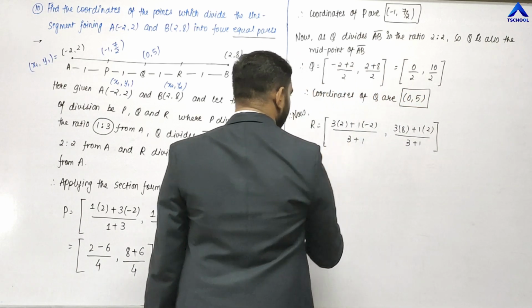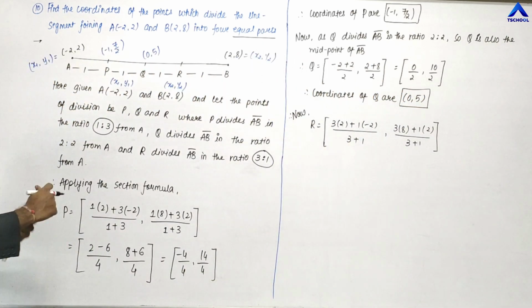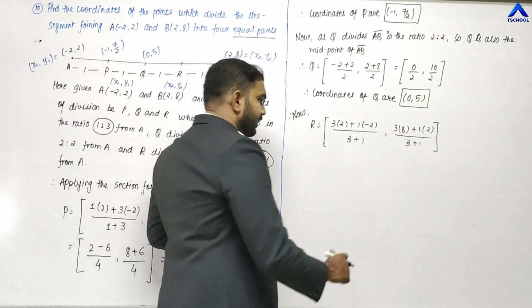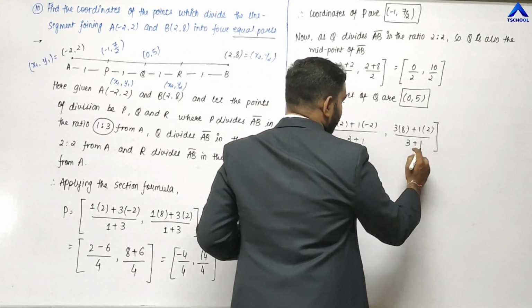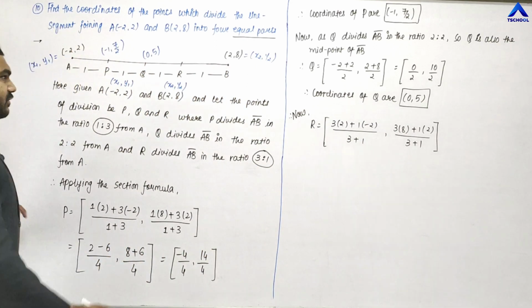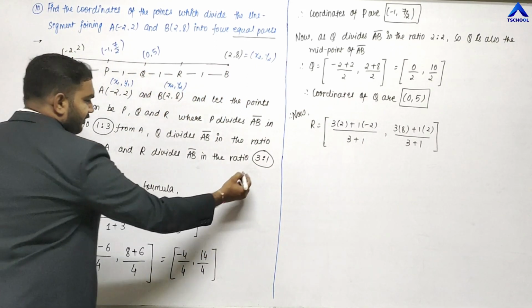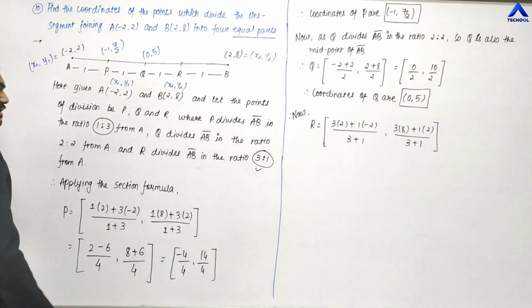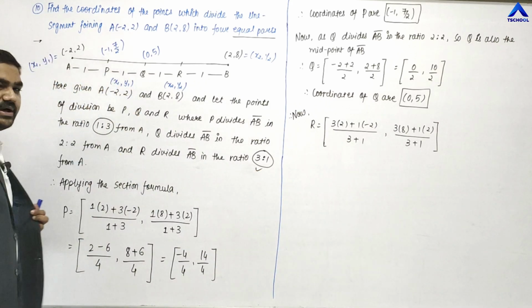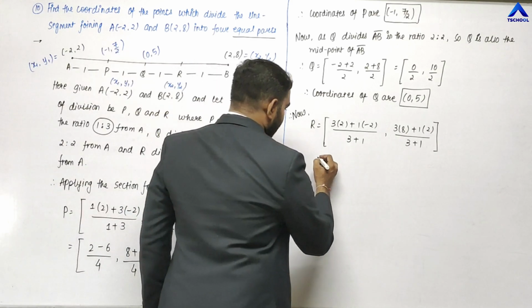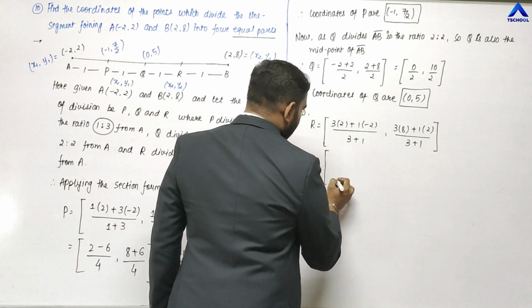Is it clear? What did we do? We simply reversed m1 and m2 in the coordinates of P, or if you apply again the section formula for finding out the coordinates of R, where m1 is to m2 equals 3:1 and x1 y1 and x2 y2 are the coordinates of A and B, then also you will get the same result.